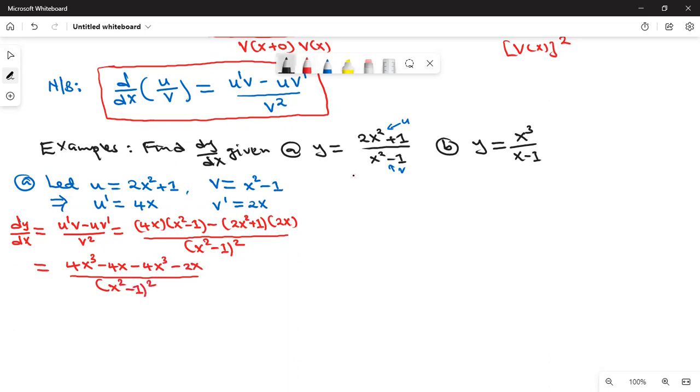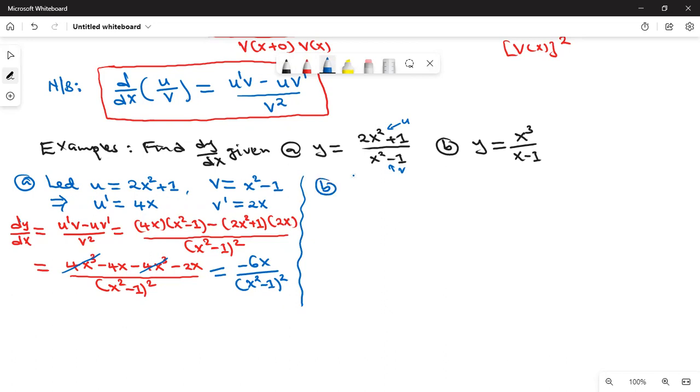And you see now we can simplify. 4x cubed will cancel with the 4x cubed, so negative 4x and negative 2x give us negative 6x. So dy dx equals negative 6x over x squared minus 1 squared. That's our dy dx. Let's see how to go about part B.